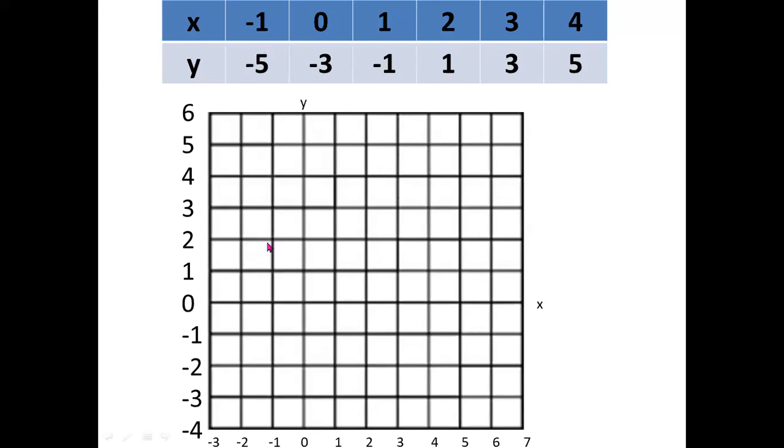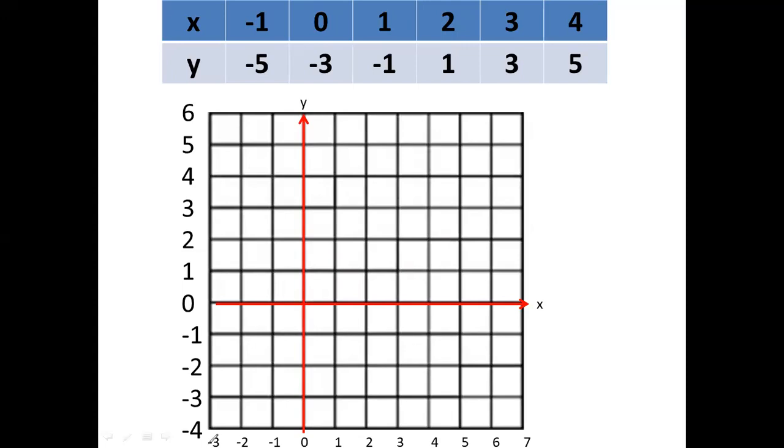If x is -1, and that is our x and y axis, we will plot. If x is -1, y is -5, so somewhere here.